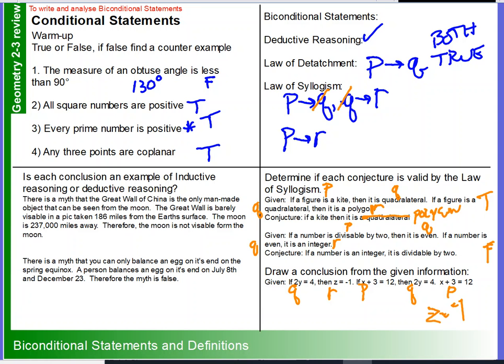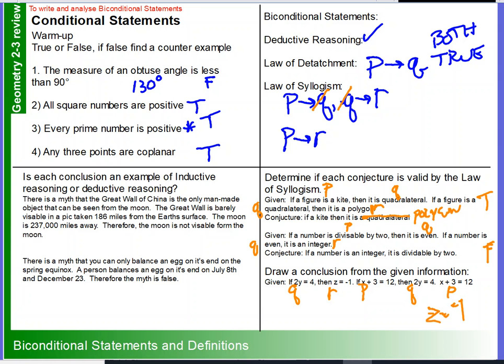Yep, that's it. Or you could say, if x plus 3 is equal to 12, then z is equal to -1. That'd be fine. Are you good? So does that make sense? Okay, so that's what we're doing.